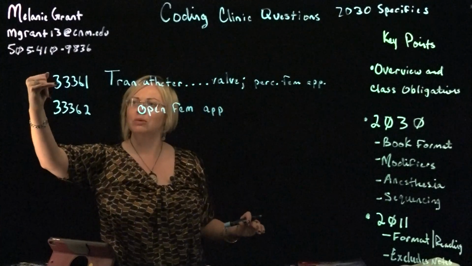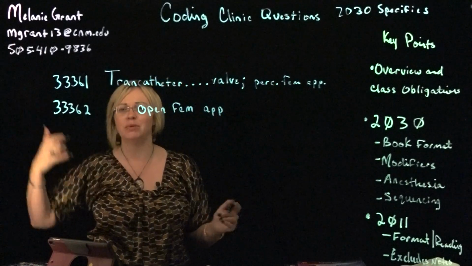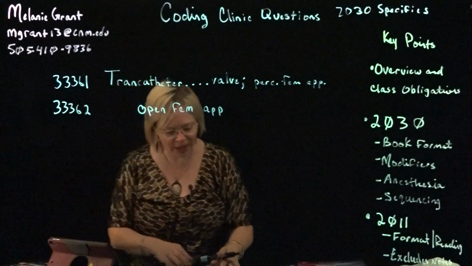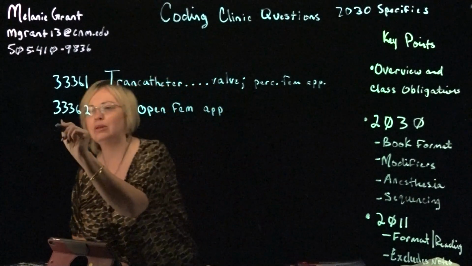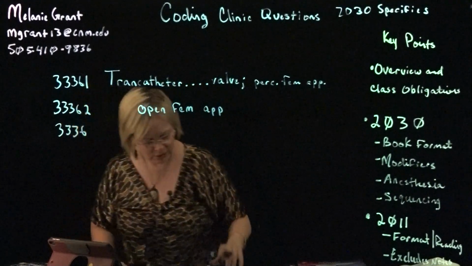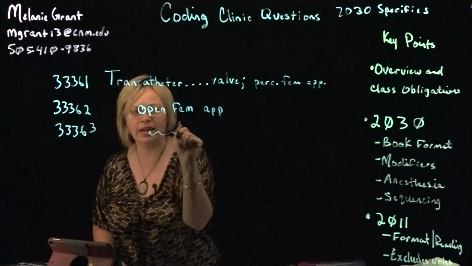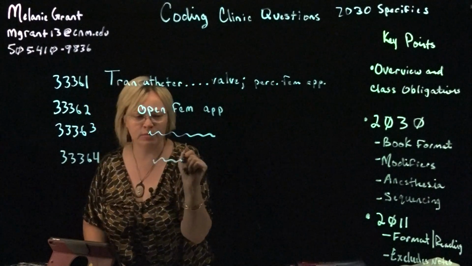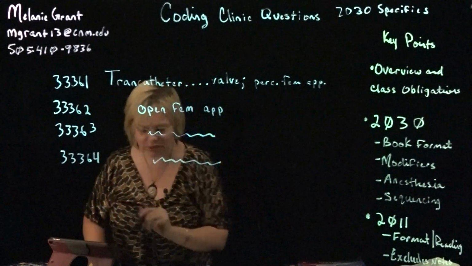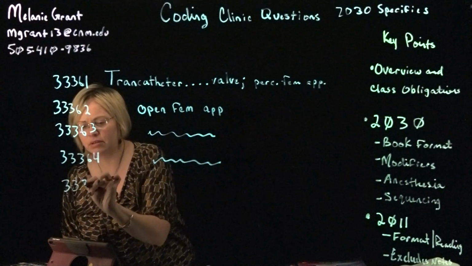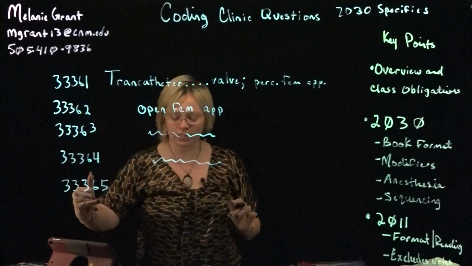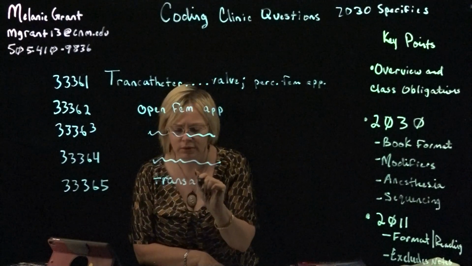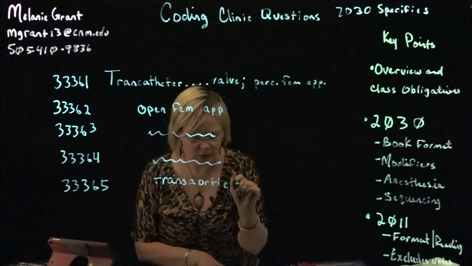Now this case, 33361 and 33362 is easy because 33362 is directly below the standalone code. But when you have several codes, 33363, and it has some description, 33364, and it has some description, and 33365, and let's say that this is the code you're looking at for transaortic approach.